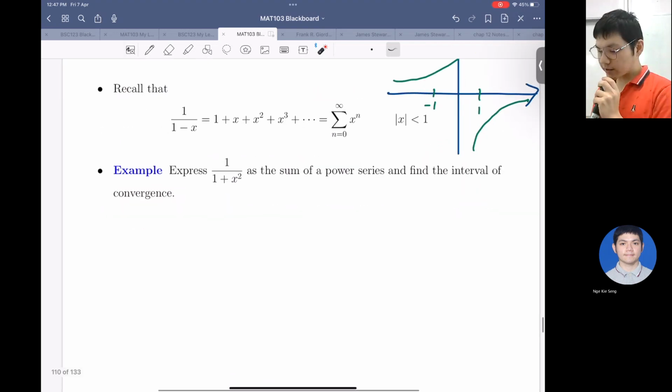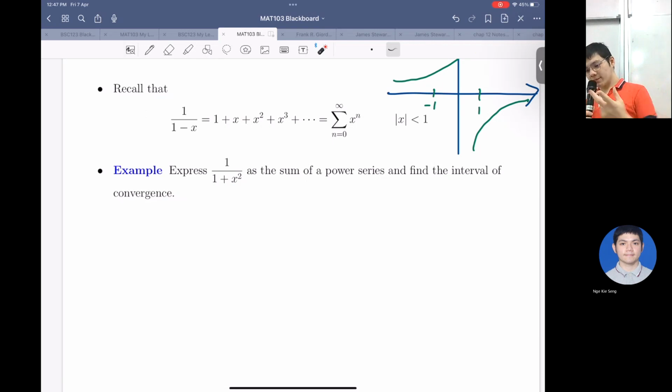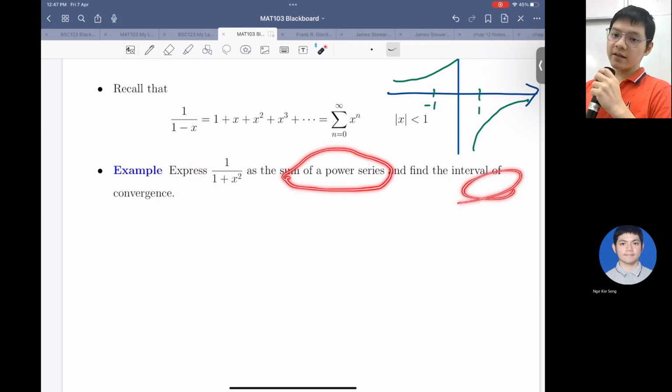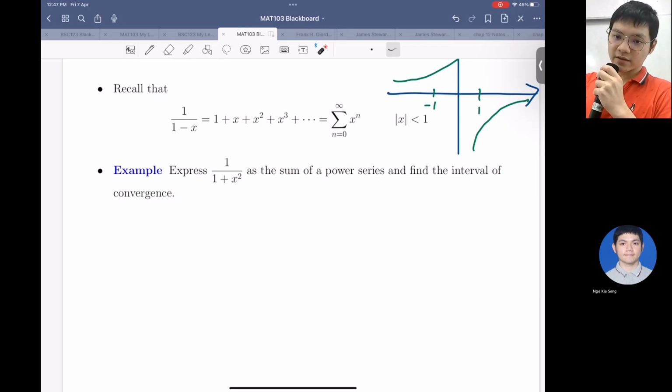So next, from the previous power series we found, we can find power series for other cases. For example, we want to express 1 over 1 plus x squared as a sum of power series, and then find the interval of convergence. So how do we make full use of what we have known?